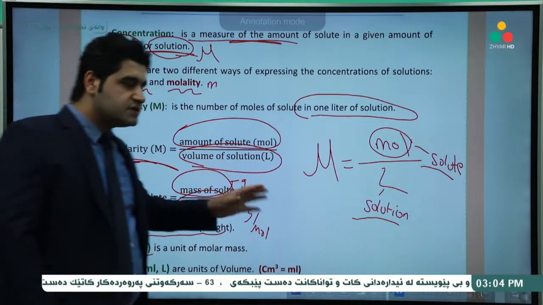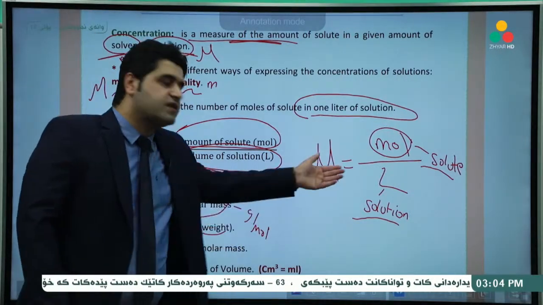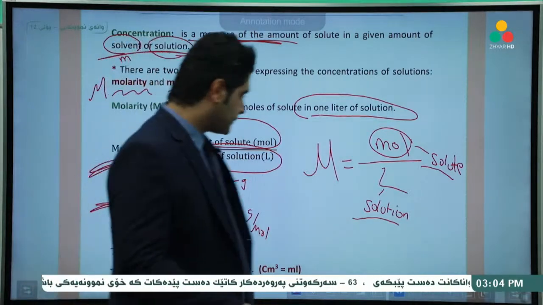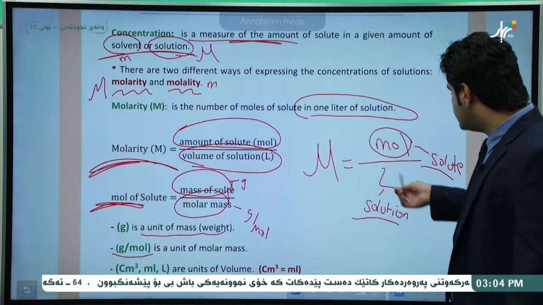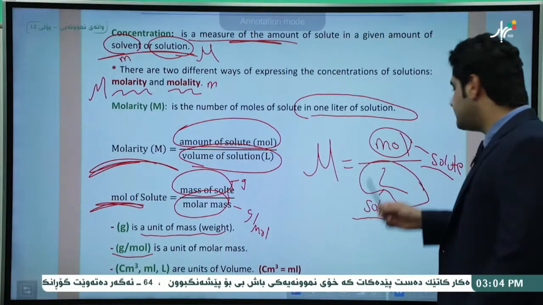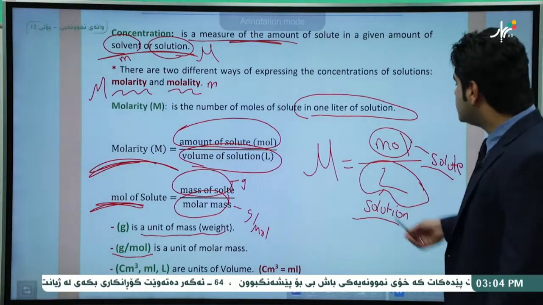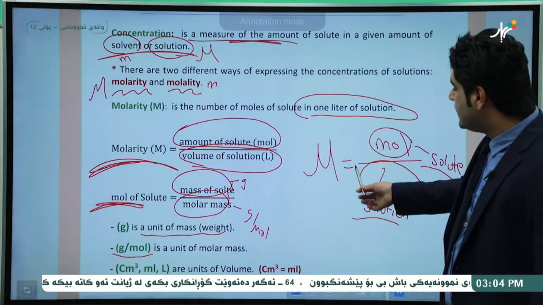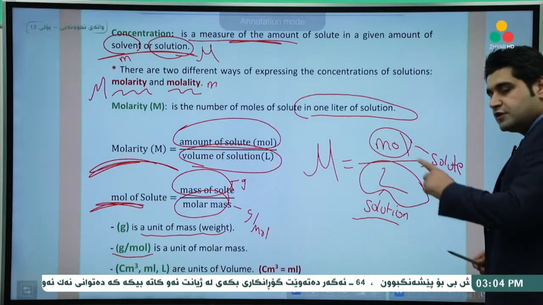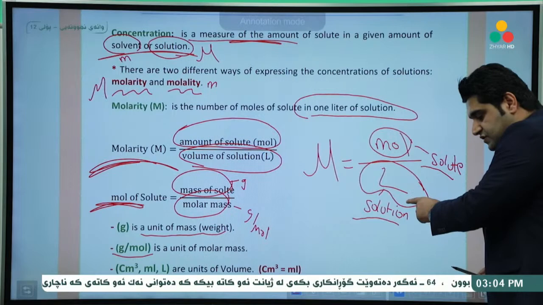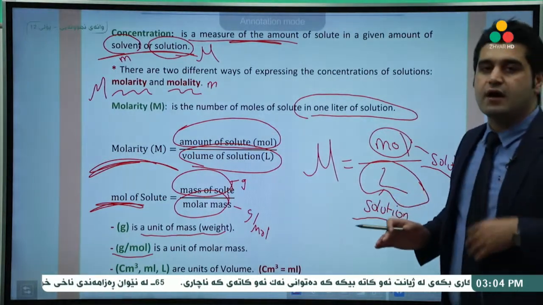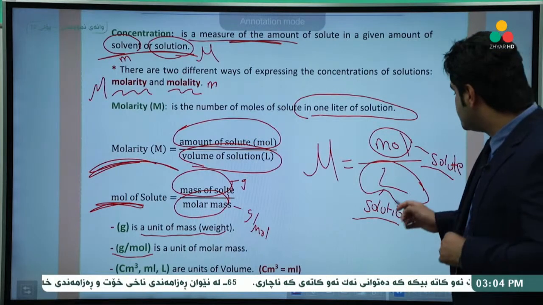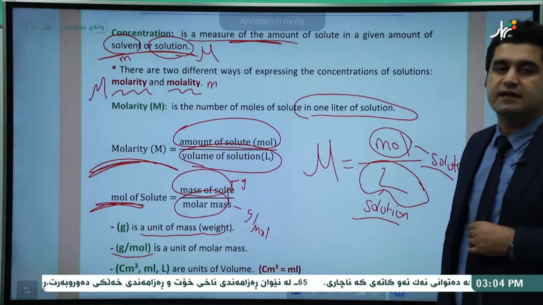Also, we have some units for the volume except the liter, because we cannot run the equation of molarity without using the liter, or we cannot run the equation of molarity with a unit of volume other than the liter. So the equation of molarity will be out of order if we don't have volume in liters.